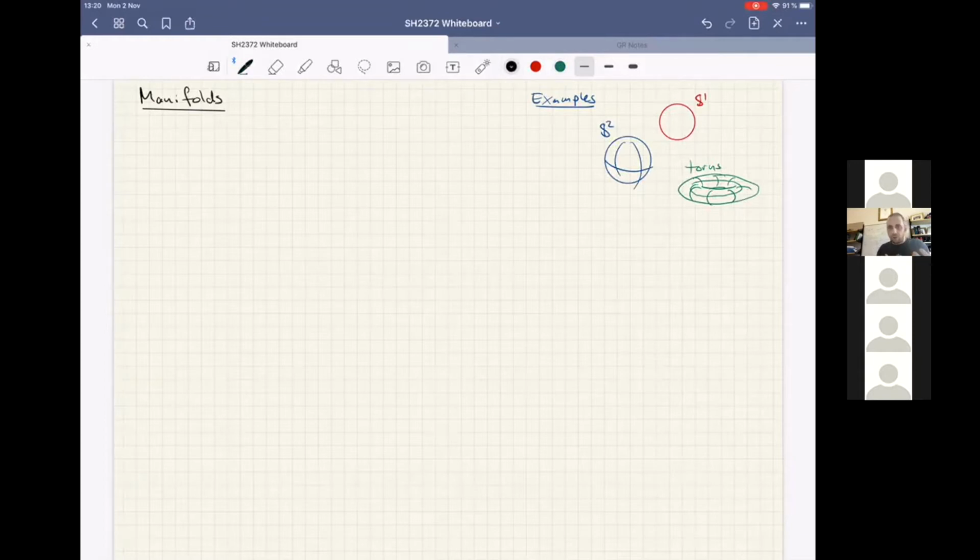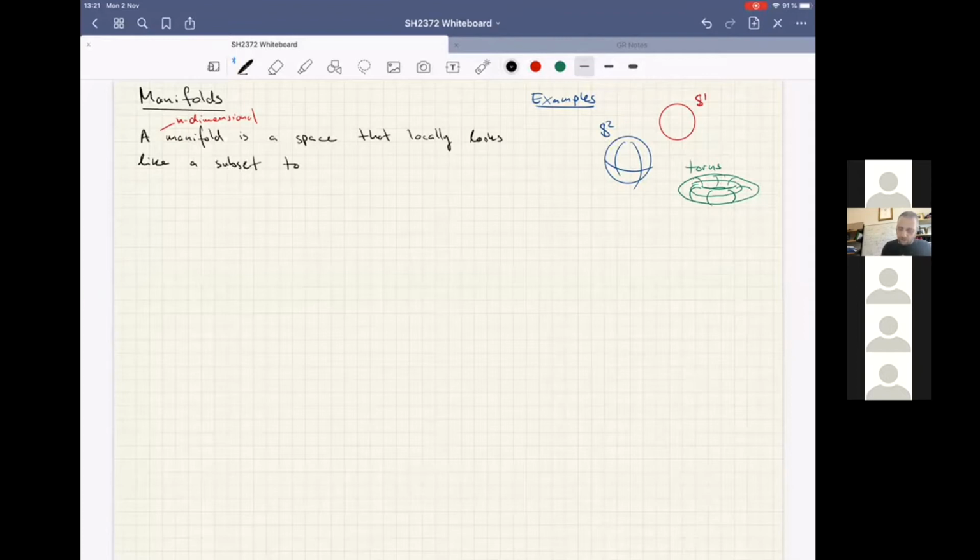And if we want to be a bit more formal, we can say that a manifold, that's a space, or rather let me insert here an n-dimensional manifold. It's a space that locally looks like a subset of Rn. So what does this mean?